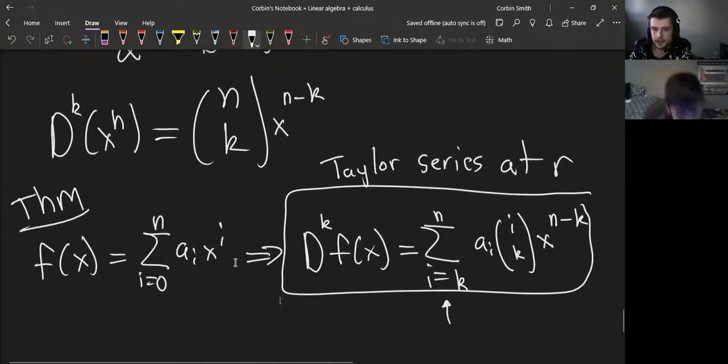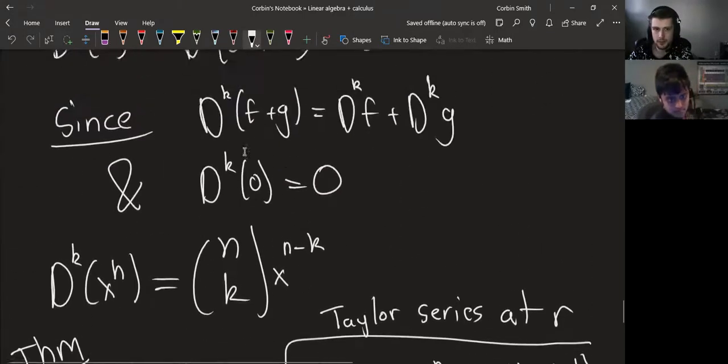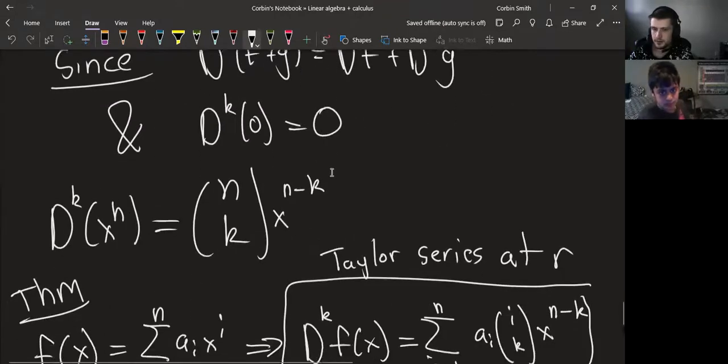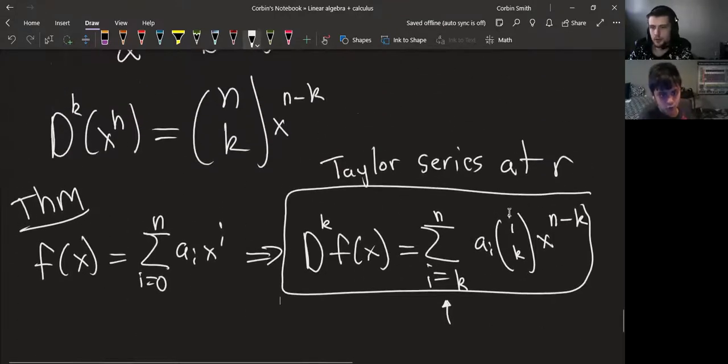Plus how it acts on our basis polynomial x to the n. So we only needed to know how the derivative acted on our basis to figure out how it acted on everything in the vector space. That's the power, because the basis is what helps define the vector space. Yes.